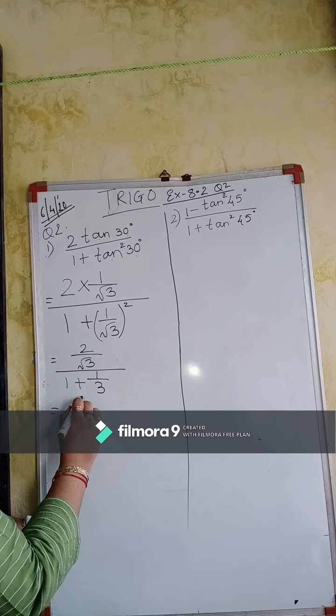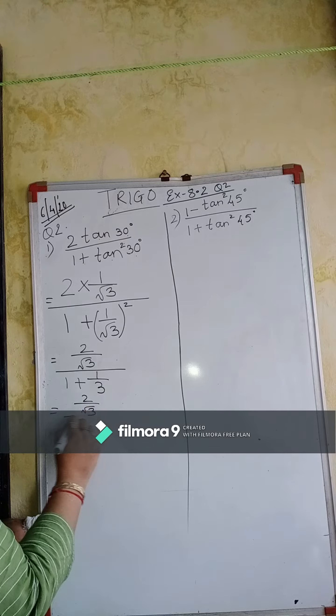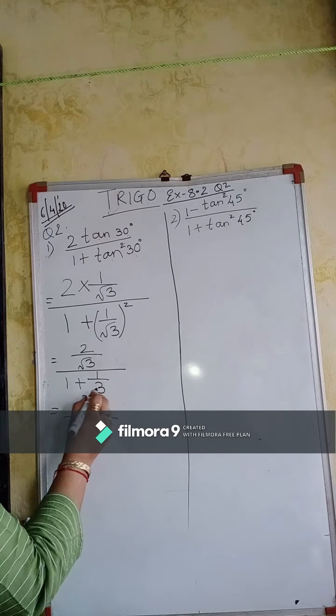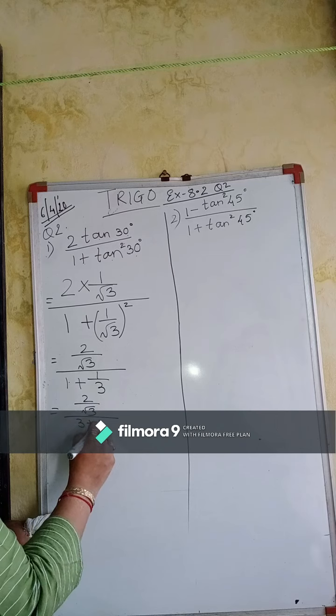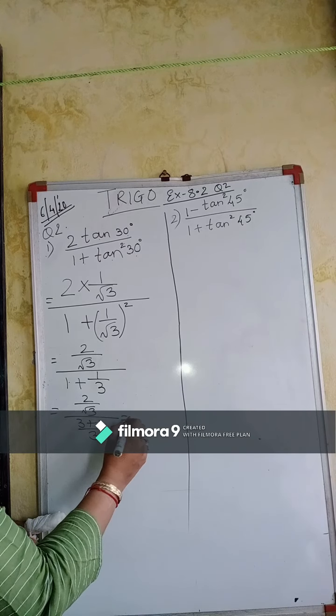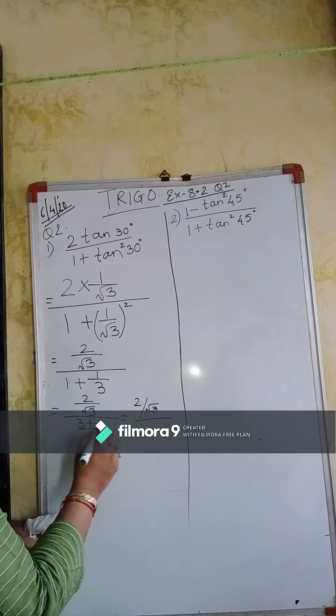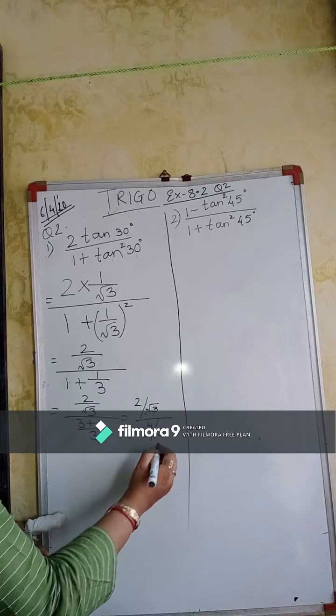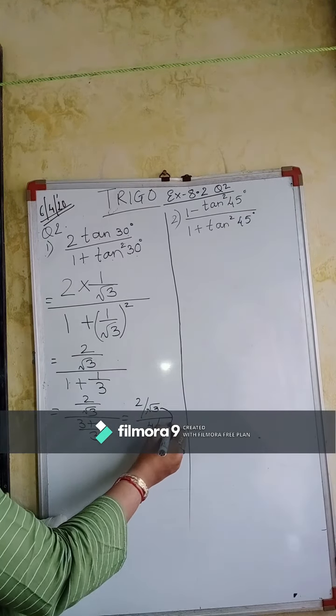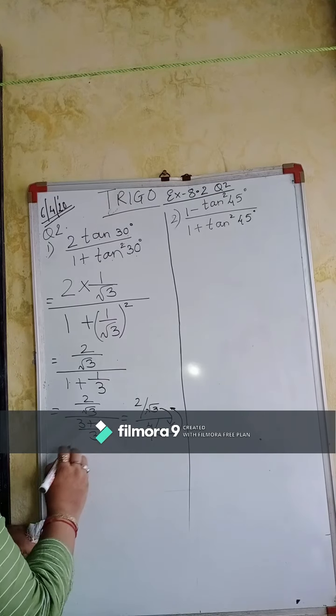So it is equal to 2 upon root 3, whole upon the LCM 3 plus 1 upon 3. That will give 2 upon root 3 upon 4 by 3. This root 3 will come down, this 3 will go up.